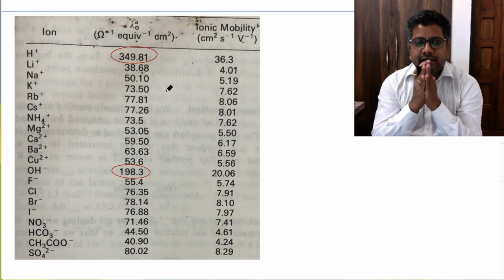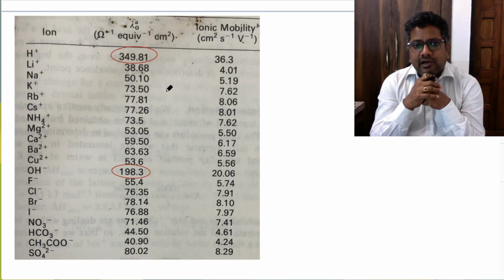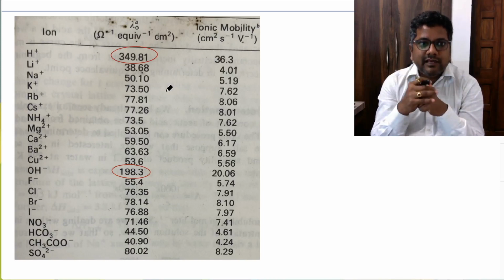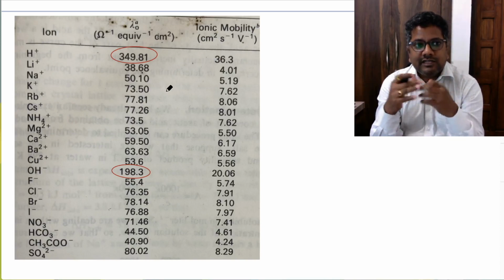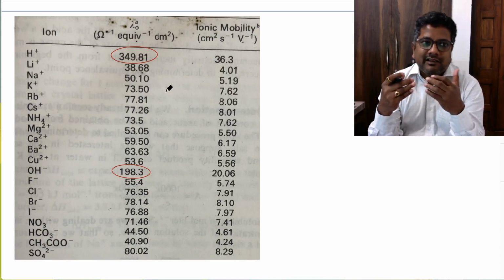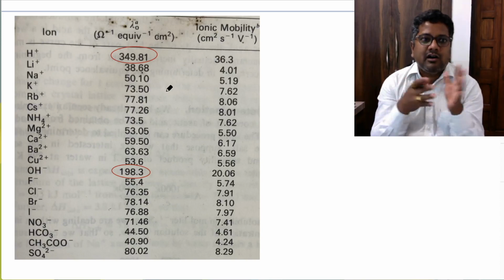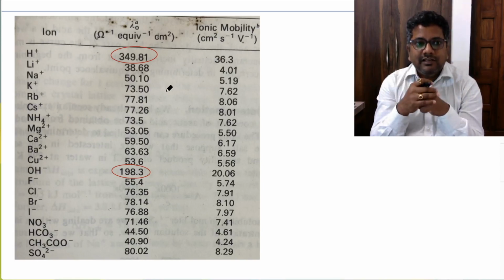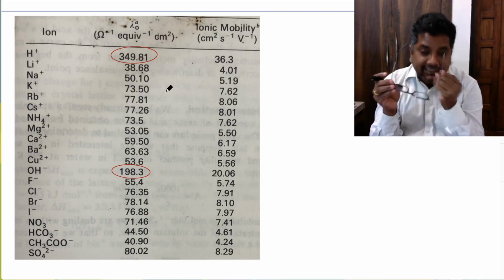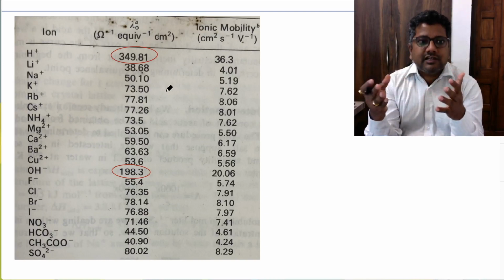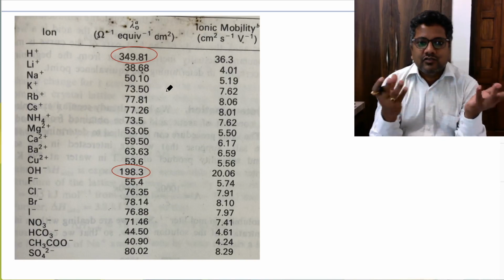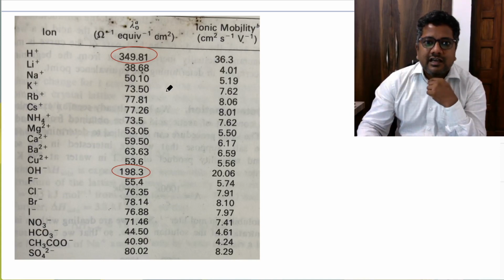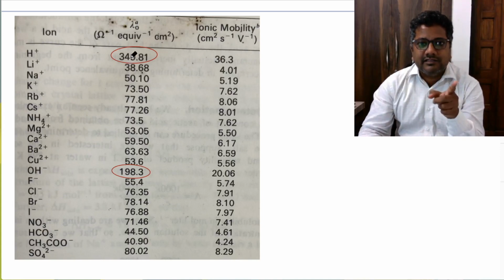If you carefully observe this table, you will find that molar conductance or equivalent conductance or ionic mobility for H plus is highest. How can this be explained? Suppose it is asked, tell me, will electricity conduct faster in water or in ice? The answer is ice, because this highest value of equivalent conductance is attributed to hydrogen bonding.